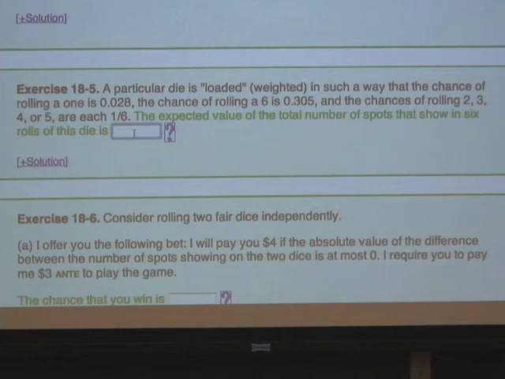Okay, so we've got a loaded die. We're going to roll it 6 times, and we want to know what's the expected number of spots that show in 6 rolls of this die.